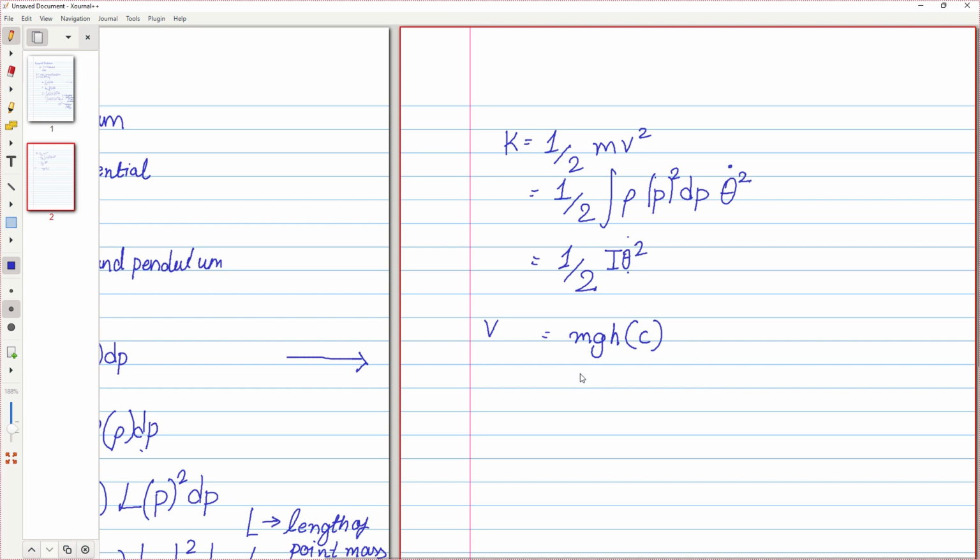The compound pendulum, being evenly distributed in mass over its body, will rotate at an angle of theta about the center of mass.